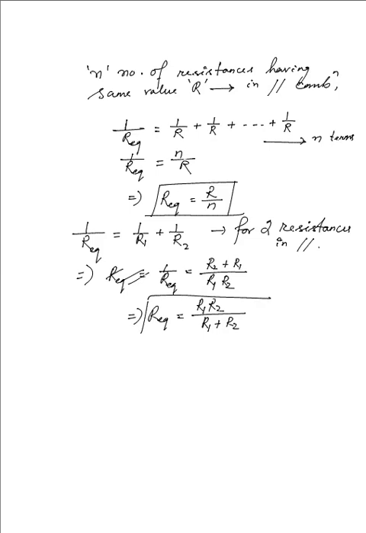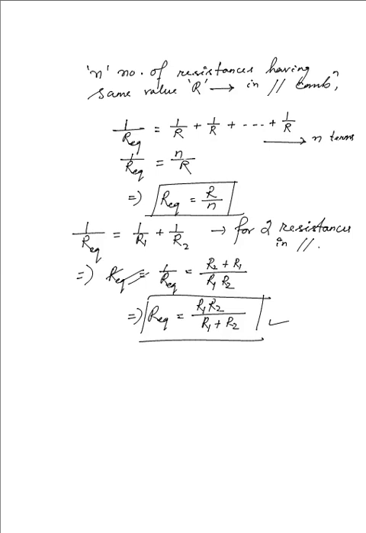It helps you solve numericals pretty quickly. So this is the formula for considering the case that I've given at the top, that is R equivalent is equal to R by n. So let's just take this into account.